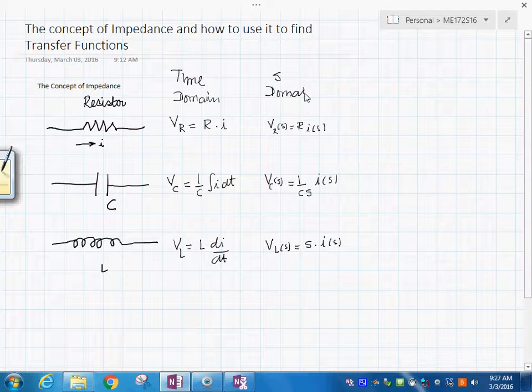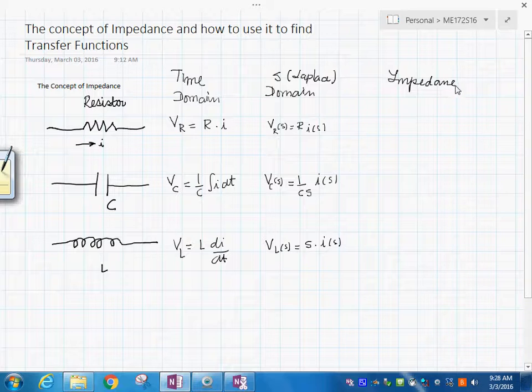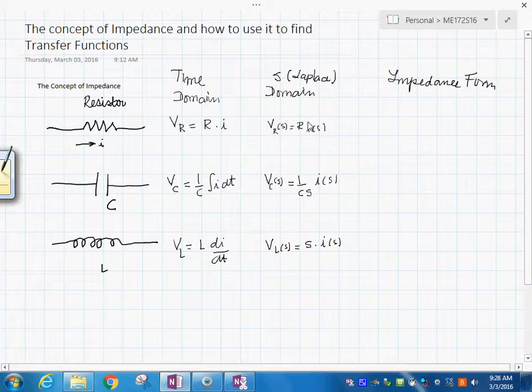Isn't it true that we can write this in what we are going to call the impedance form? For this resistance we are going to use a new letter.